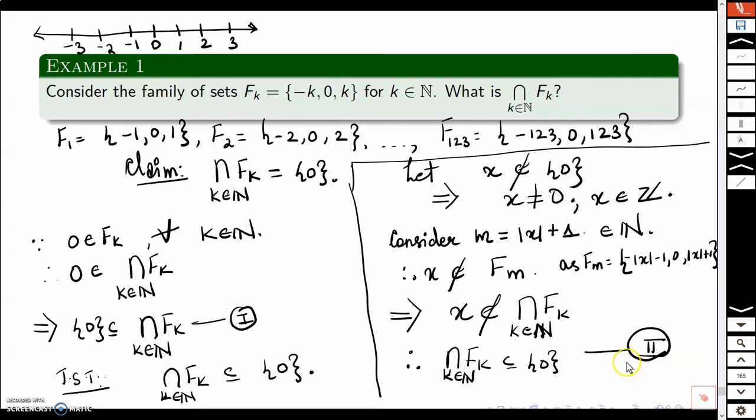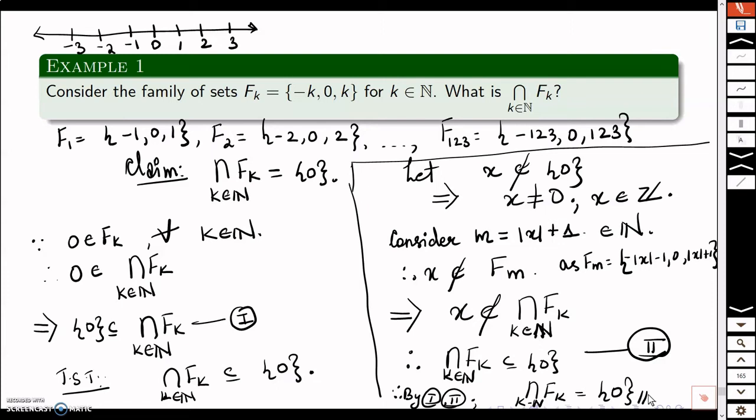Now if I compare 1 and 2, by 1 and 2 we have the equality. By 1 and 2, the intersection of all these f_k's is nothing but singleton 0. Clear? So this was the first example.